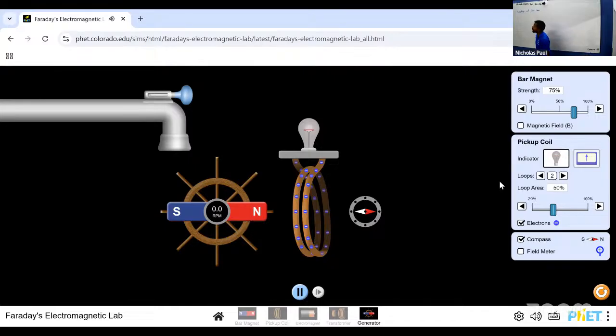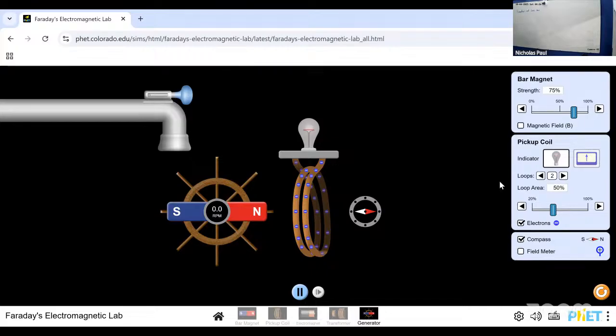What would happen when I turn on the water? Any guess? It will spin, right? The magnet will start to rotate. What will that do? Yes, it will produce electricity because the field lines from around the magnet will be cut by the conductor.